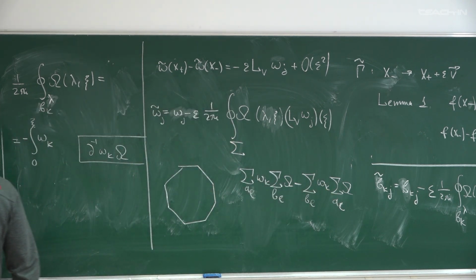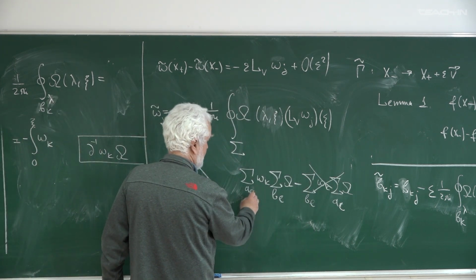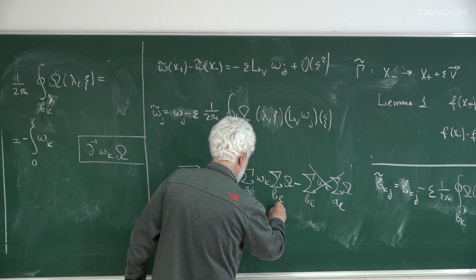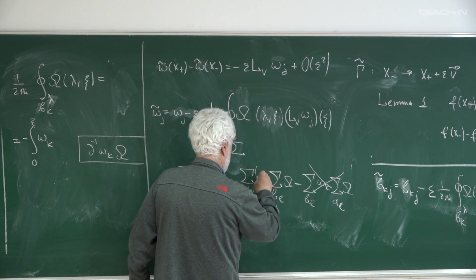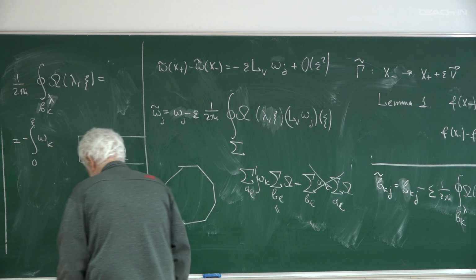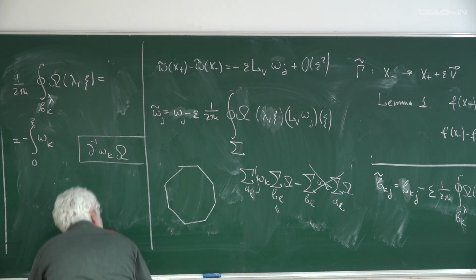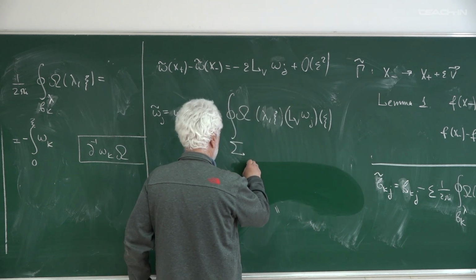Therefore, due to this property, this term vanishes. This is a delta function, so it will be exactly that. I'm sorry, let me write it correctly. For example, we obtain the following expression.